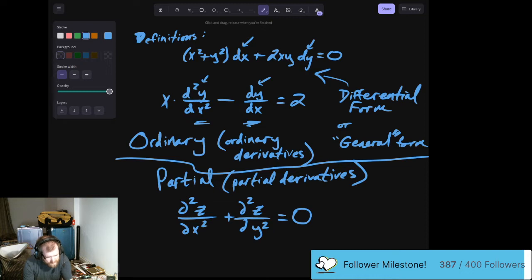So it's the second gradient of any particular function. Nope. Almost. It's Laplace's equation, essentially, or the harmonic equation.